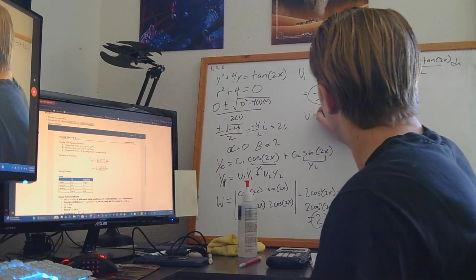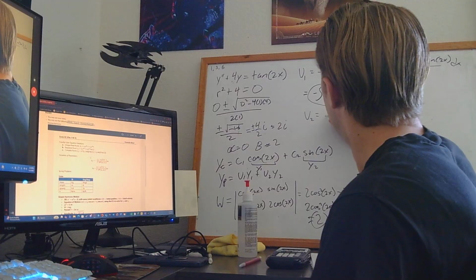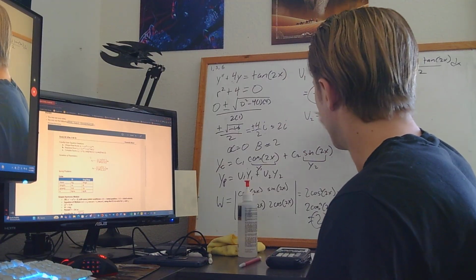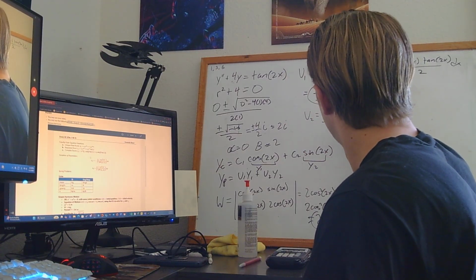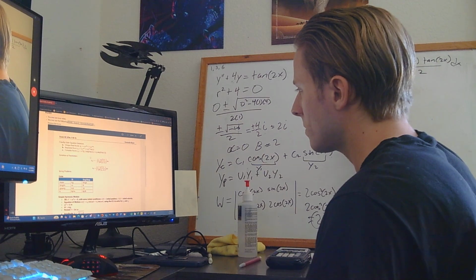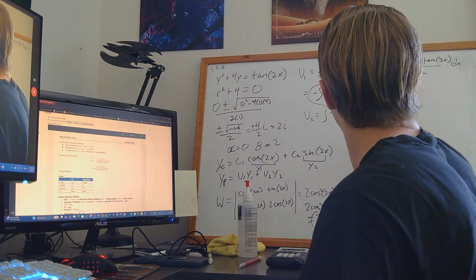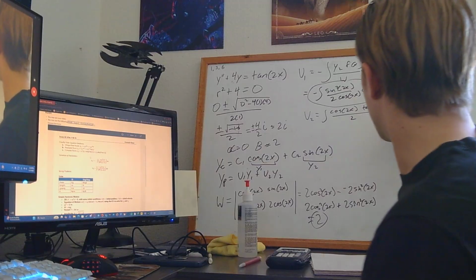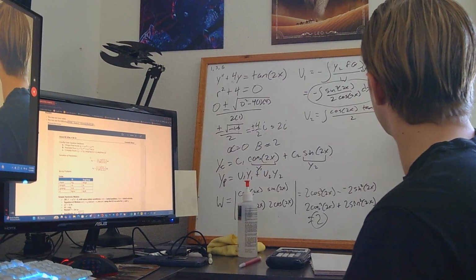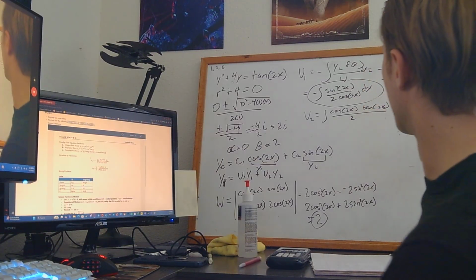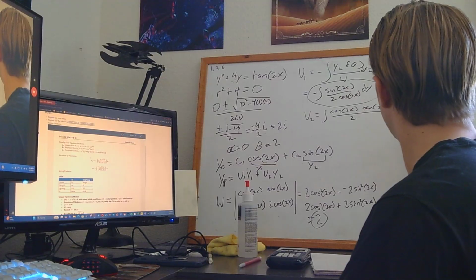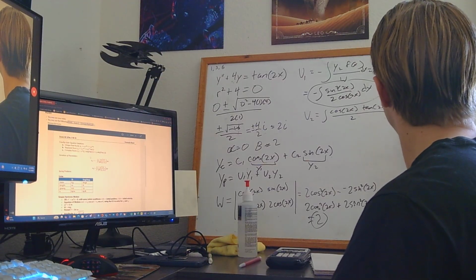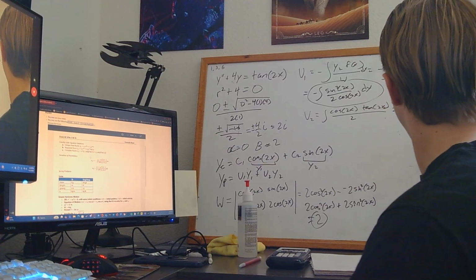Alright, u2 equals. So y1 is cosine 2x times tangent 2x over 2. Okay, well this one cleans up better because when I substitute sine over cosine for tangent, the cosines will cancel, so I'll have sine of 2x over 2.